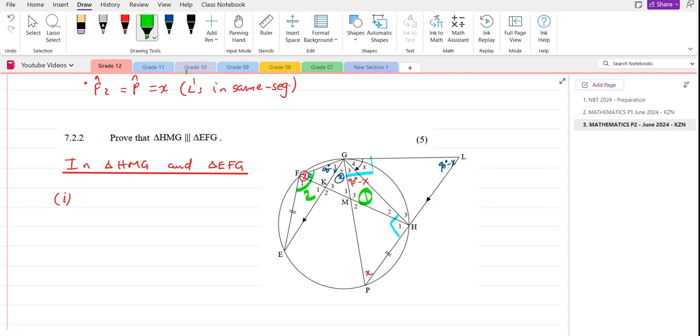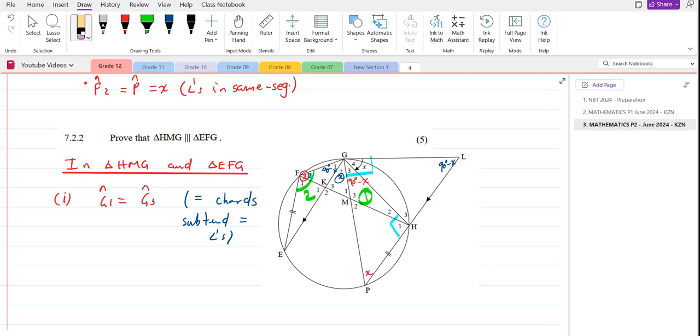So what we can see is that we have equal chords subtending equal angles, so we can say angle G1 is equal to angle G3, which is equal to, why did we say it's 90 minus x? Okay, we can say that later, we don't need it here now. We can say equal chords subtend equal angles. So that gives us angle G3 and angle G1.